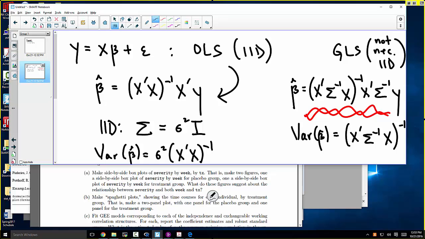So when it comes to actually fitting one of these models, we haven't had to work very hard in the IID case because all we had to do was look at the design matrix. All of this is just functions of the design matrix and the observed response values. But in the GLS case, we still have the design matrix and response that we know, but now we also have this piece that's making our lives harder because it has to be estimated.